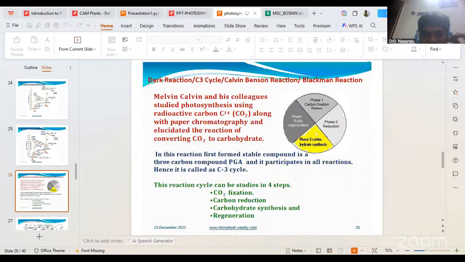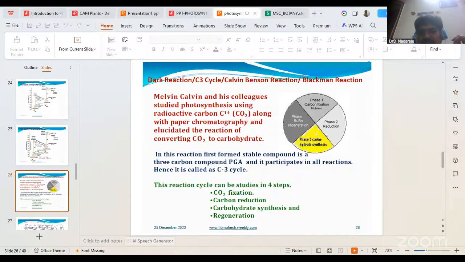This reaction is the phosphorylation reaction, one extra phosphate added. Where are NADPH and ATP generated from? They are generated in the light reaction. The energy accumulated in the light reaction is being used in the dark reaction.